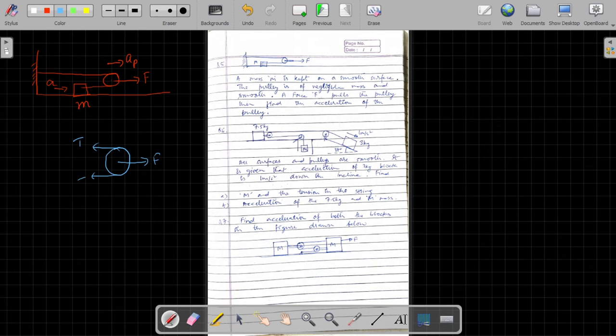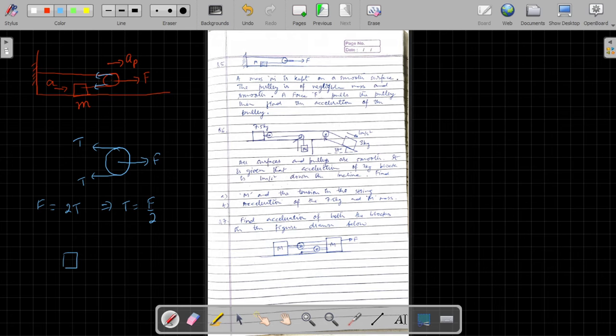So, if we are saying that the tension force acting is T, then the net force acting should be balanced, and we would say that F is equal to the sum of the two tensions, 2T, and that is the force acting in this direction. So this implies the tension is equal to the applied force divided by 2.